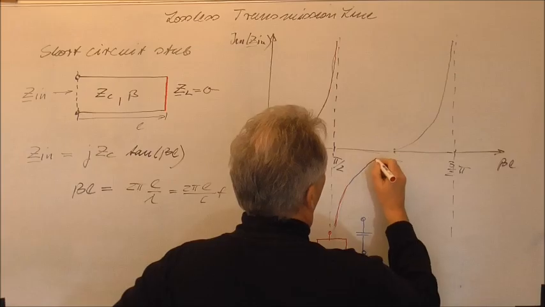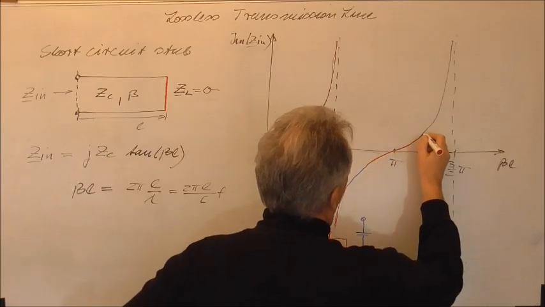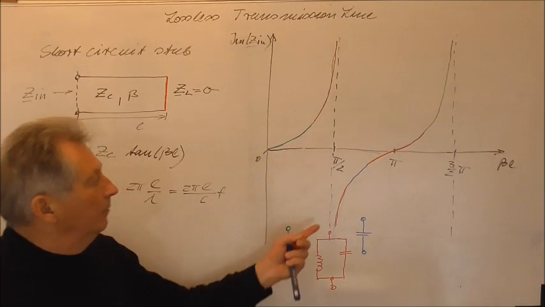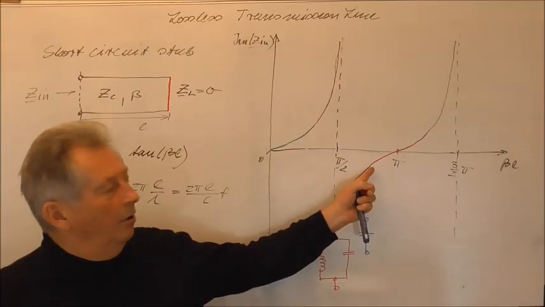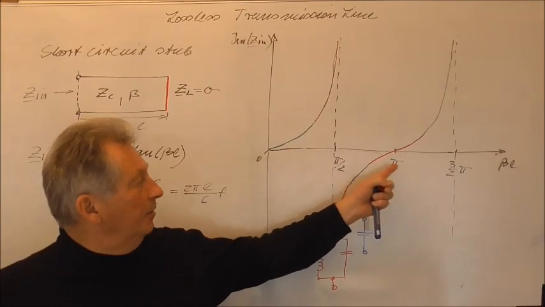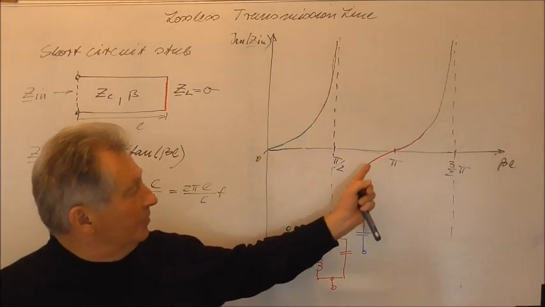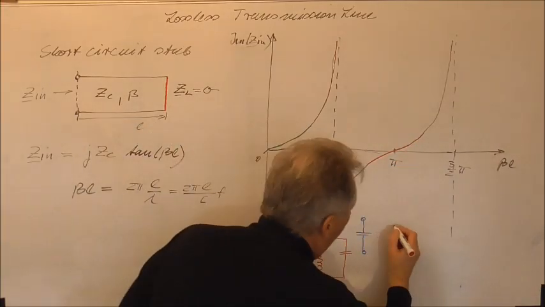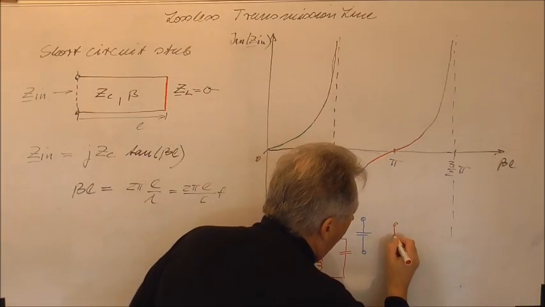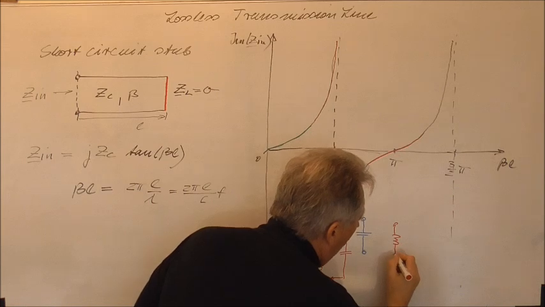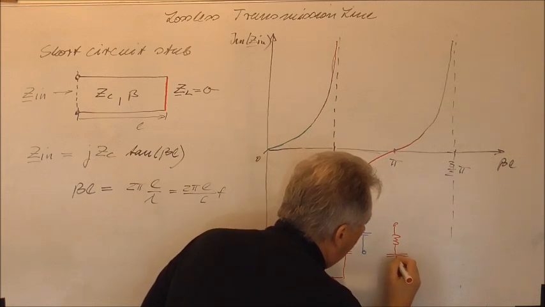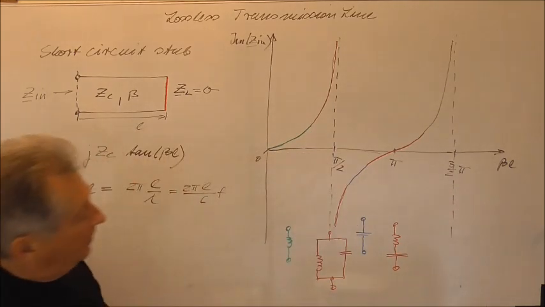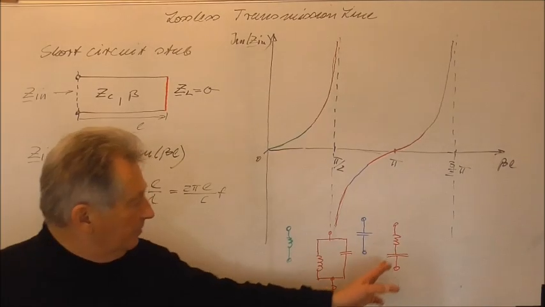So here we undergo a 0. Also, first we are capacitive with respect to the frequency, and then it becomes inductive again. So this behaves also like a circuit, but now it's a series resonance circuit.